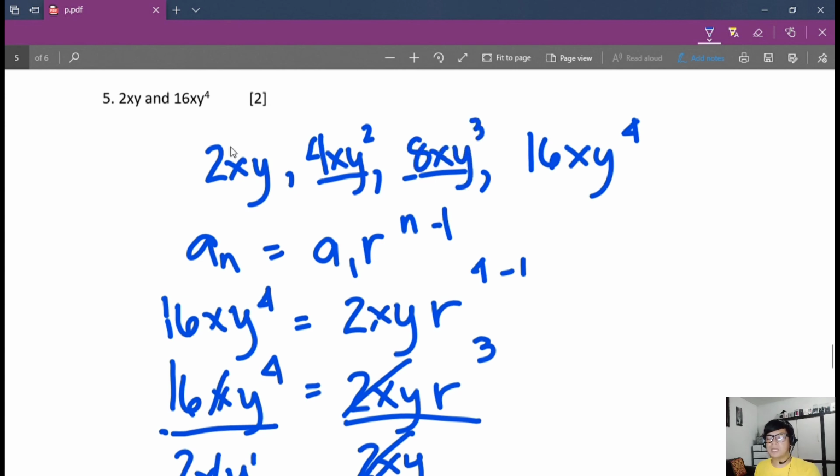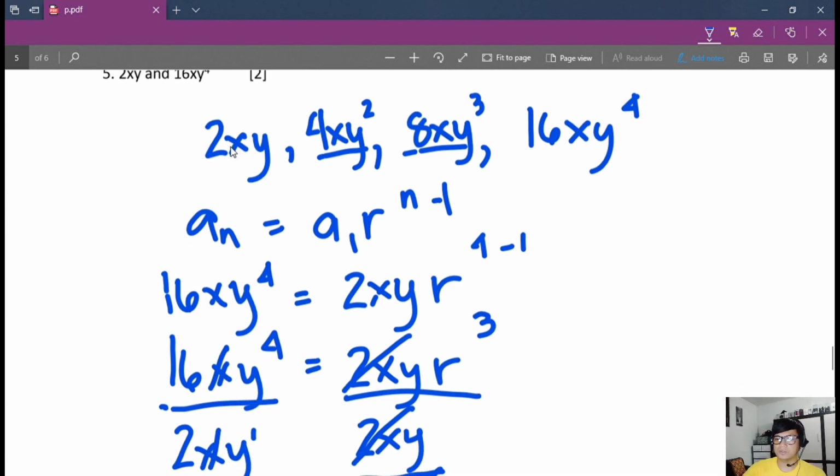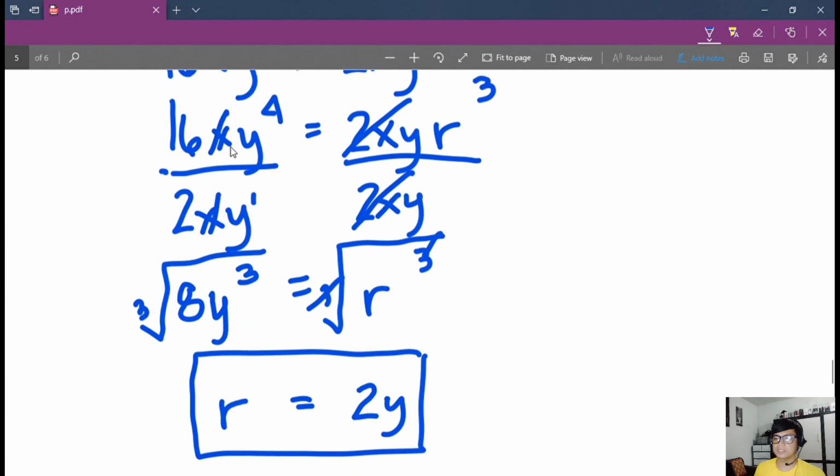And 8xy cubed times 2y is 16xy to the 4th power. So, tama yung ating sagot. Na ating common ratio is 2y.